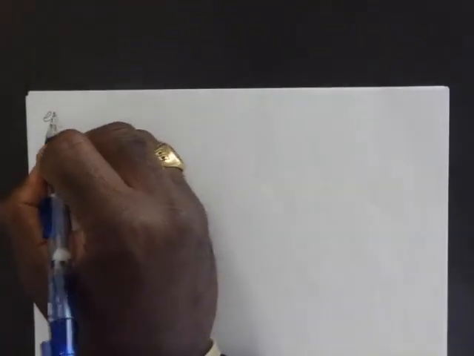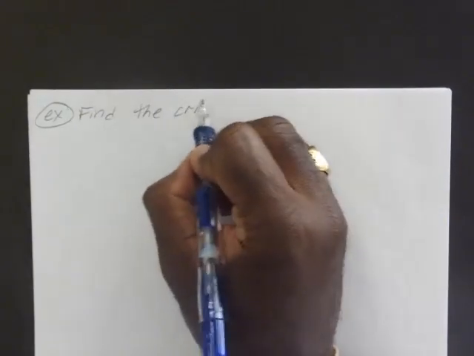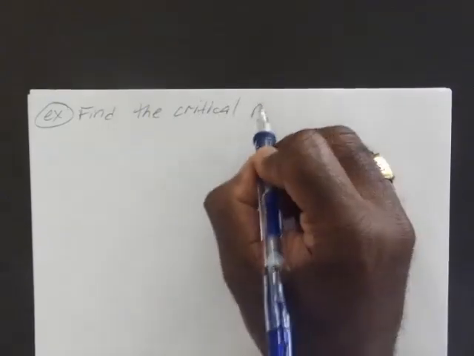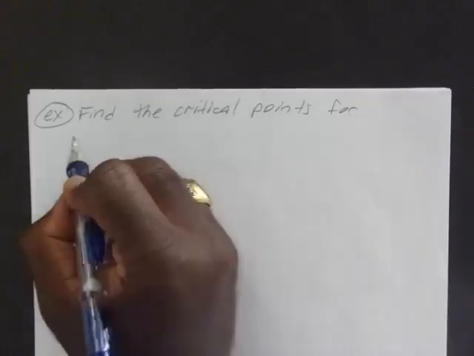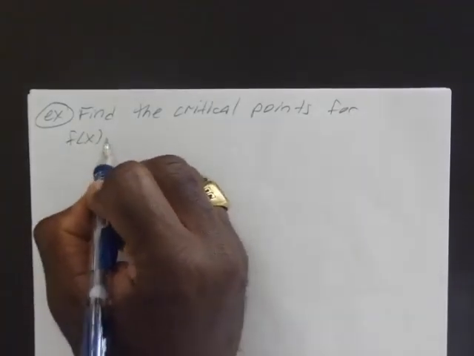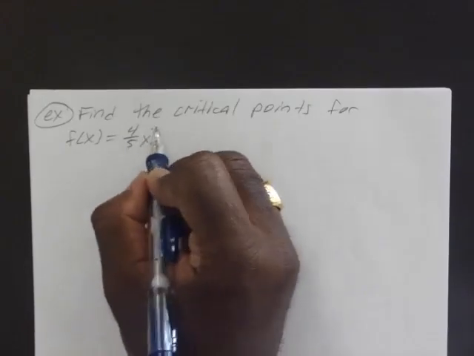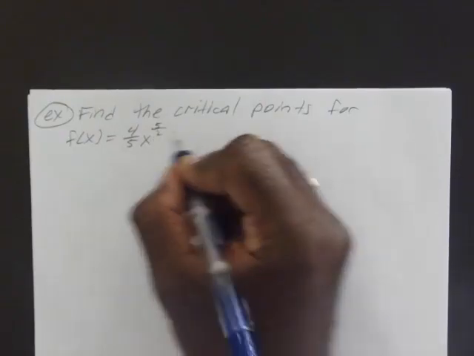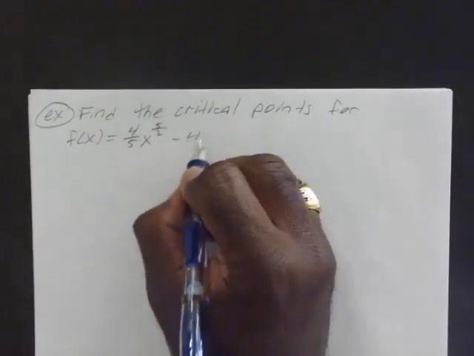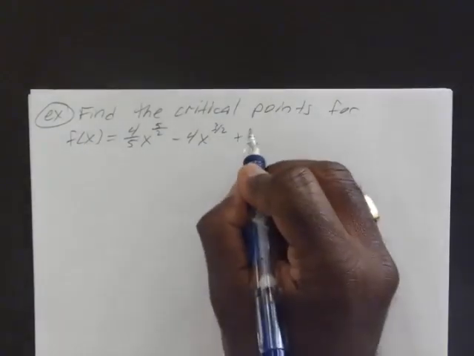So let's say, for example, we wanted to find the critical points for f of x is equal to 4/5 times x to the 5/2 power minus 4x to the 3/2 power plus 2.